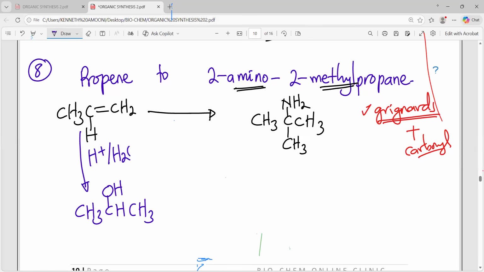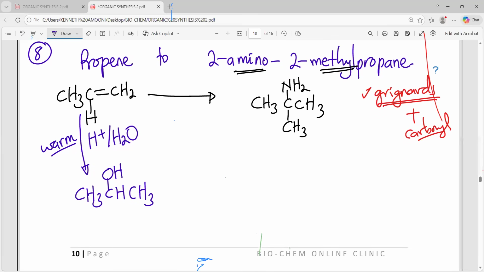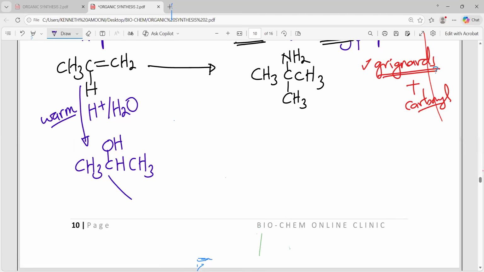So I'm having acidified water, then you're going to warm. Then after forming that, we are going to use an oxidizing agent to form a carbonyl compound. Then we heat. Then after that, we shall form now our carbonyl compound.